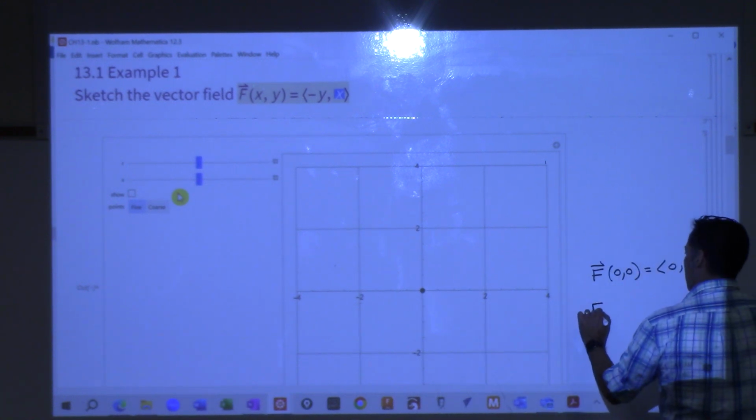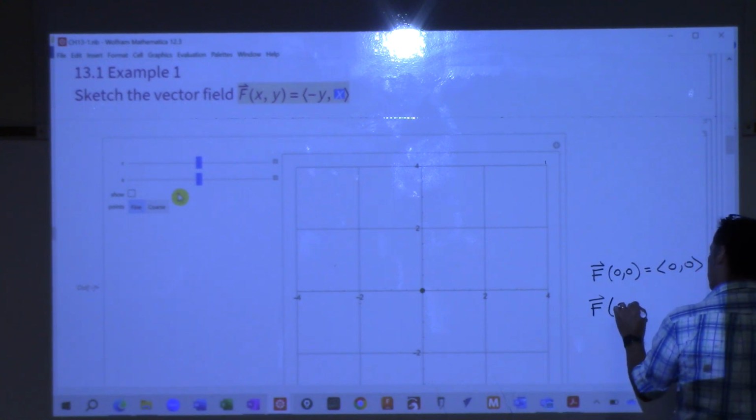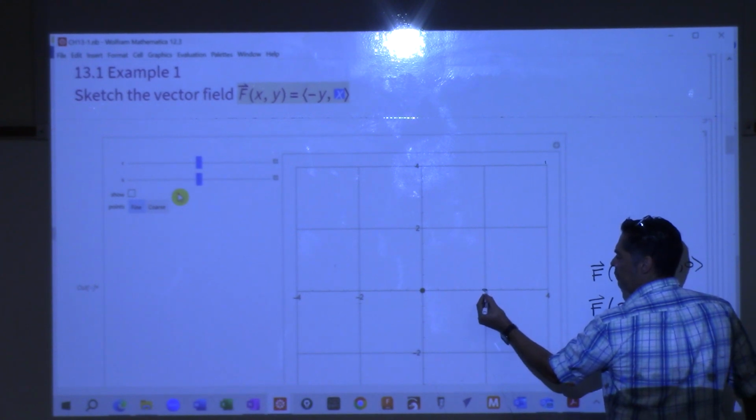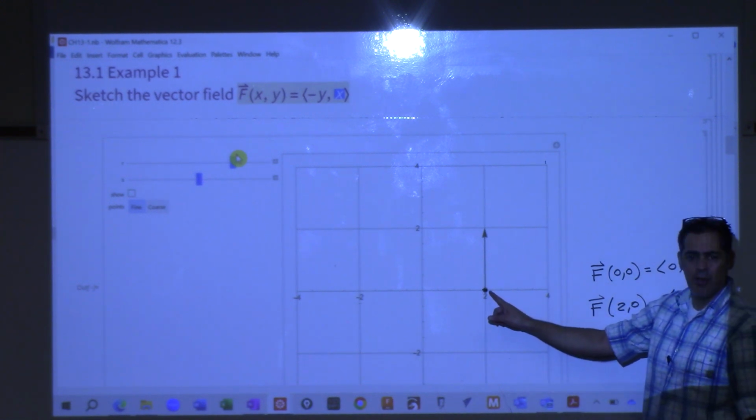Now, what is the value of the vector field at 2, 0? So right here at this point, what's the vector at that point? 0, 2. There it is. There's the vector 0, 2.